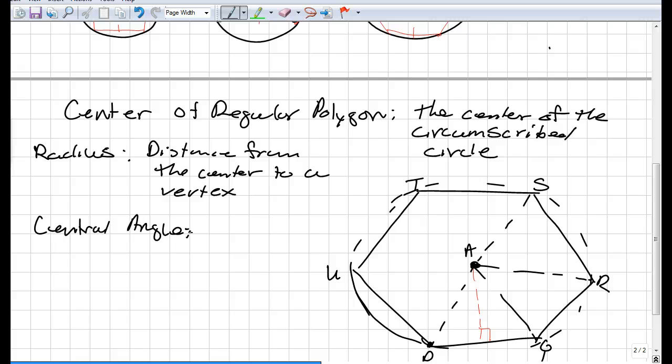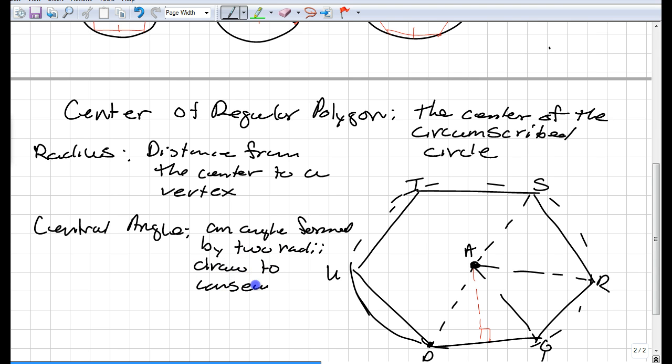Okay? So remember, the central angle is an angle formed by two radii drawn to consecutive vertices.